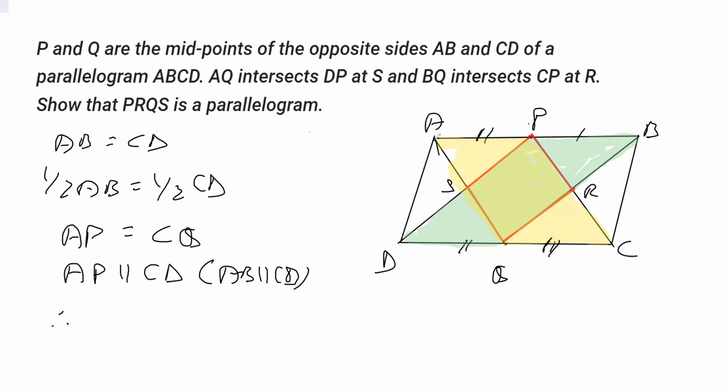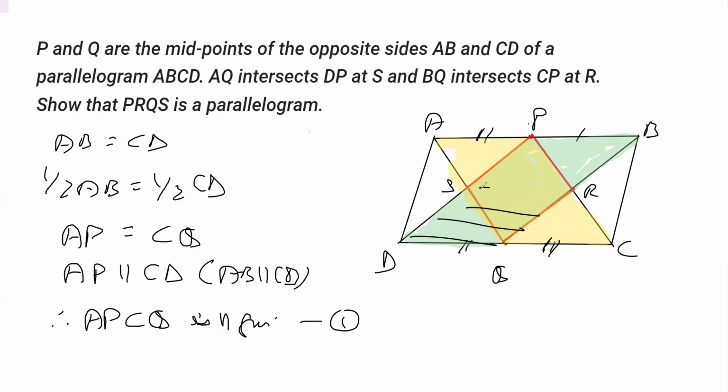Now check here what we have done in this yellow shaded quadrilateral. We have proved same pair of opposite sides equal and parallel. Therefore, APCQ is a parallelogram. Now, the way we did this, in the same way, this figure also can be proved as a parallelogram.